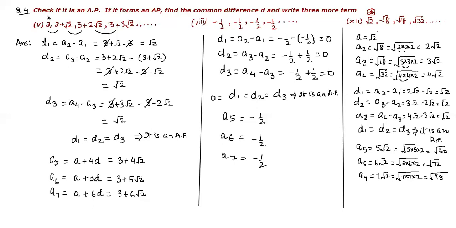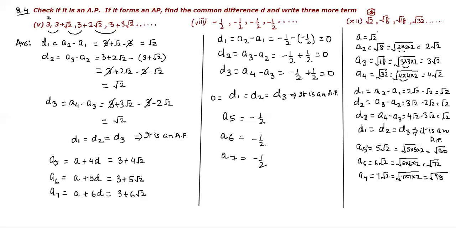D2 will be A3 minus A2, that is 3 square root 2 minus 2 square root 2, again square root 2. D3 is A4 minus A3, that means 4 square root 2 minus 3 square root 2, that means this is again square root 2. So you got D1, D2 and D3 all are coming same, that is equal to square root 2. Therefore, this is an AP.